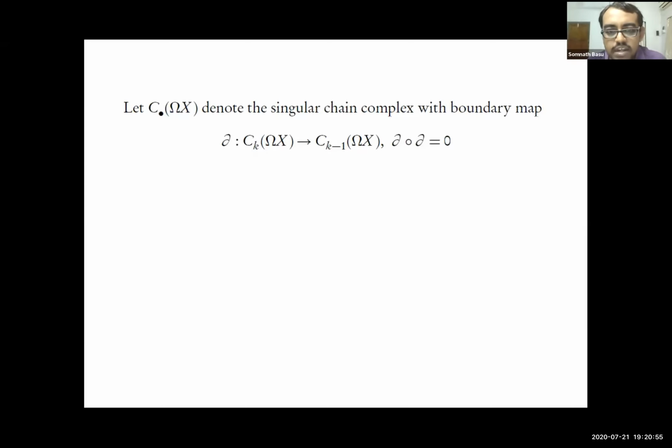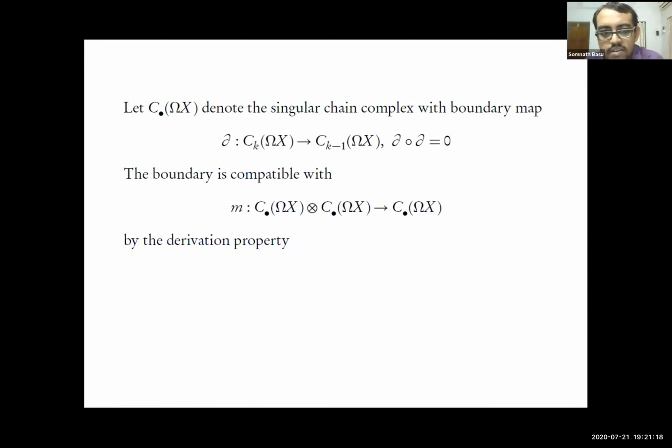There's this slide that I would want to briefly go through. Since we talked about homology, I want to talk about the chain complex which gives rise to homology, right? Homology comes from chain complexes, for those who have seen algebraic topology. This is just a singular chain complex. Delta is the usual boundary map. If you take its homology, what you get is the homology of omega X. One can check that this boundary is compatible with the multiplication map, and I hope you'll trust me when I say this.